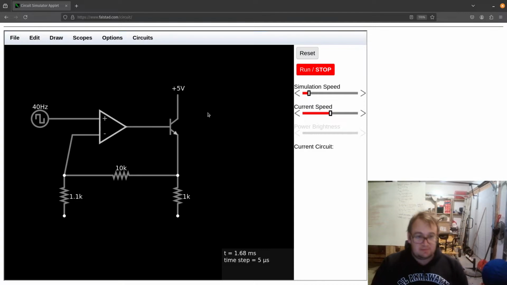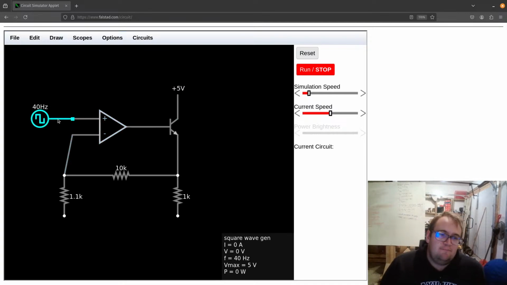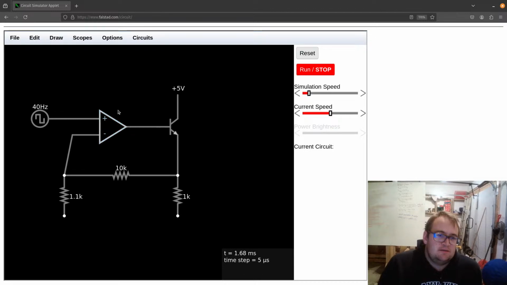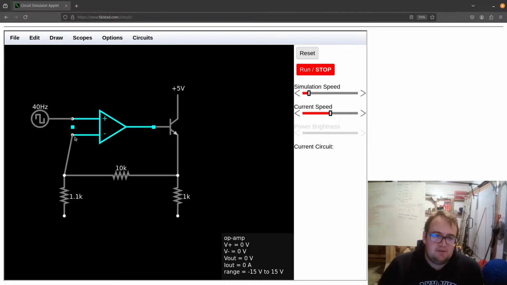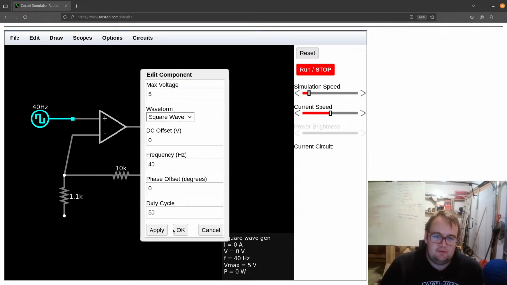I'm sure that you've heard me say this before, especially since I've done a couple of op-amp ones here. But these two inputs always want to be the same. So when this goes up to, what does it go up to? 5 volts.